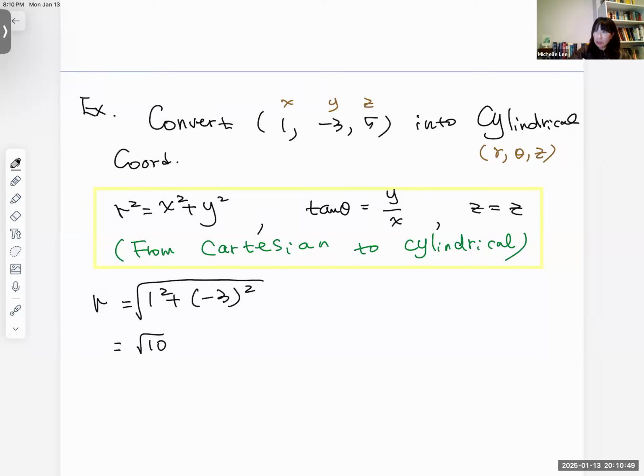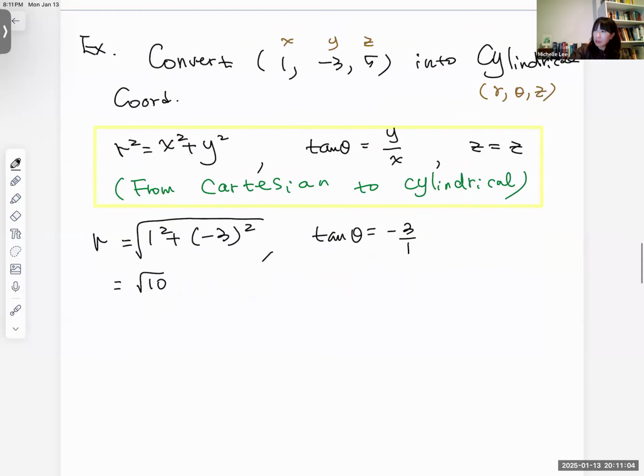Very good. Now, what is tan theta? y over x, so negative 3 over 1, right? Okay, angle theta, which is inverse tangent of negative 3. If we calculate this one, it's negative 1.249 radians.